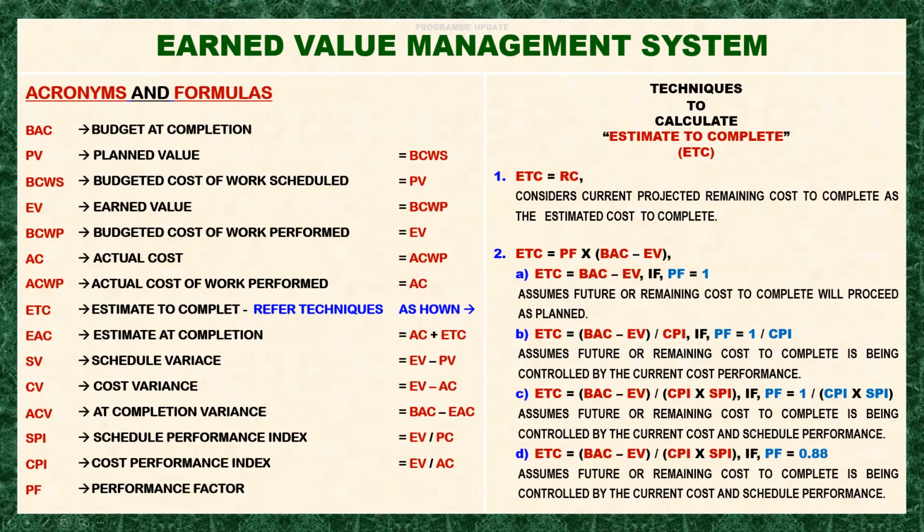Just take your time to change this formula: ETC is equal to PF multiplied by this one. Here in C, 1 has no effect when you multiply it to any number. But if you use 0.88, it has an effect, right?